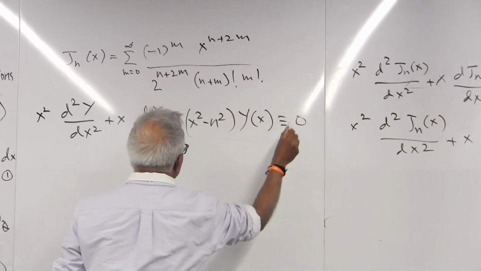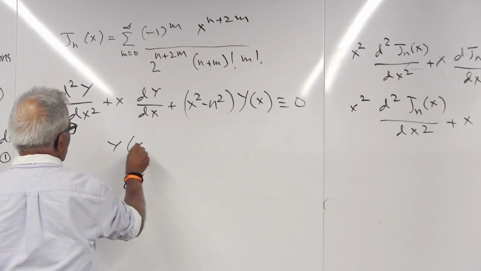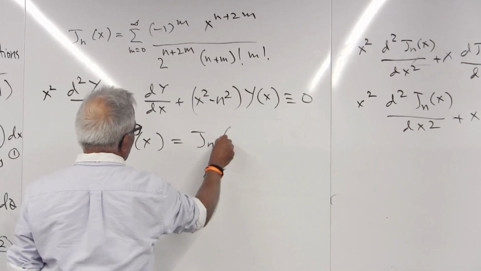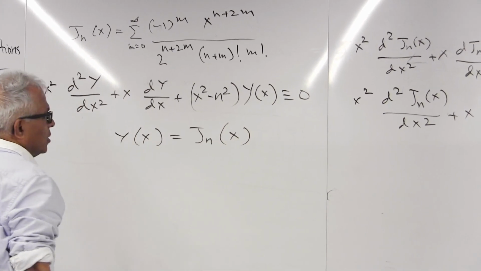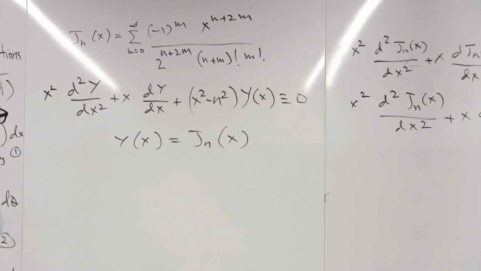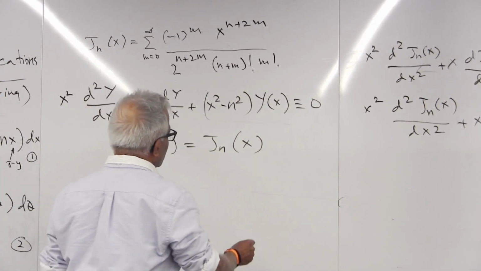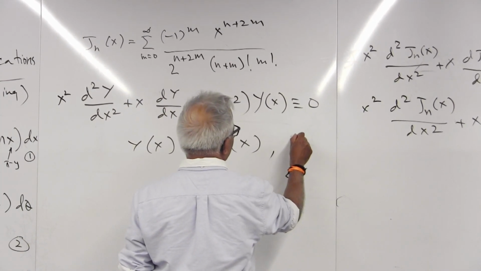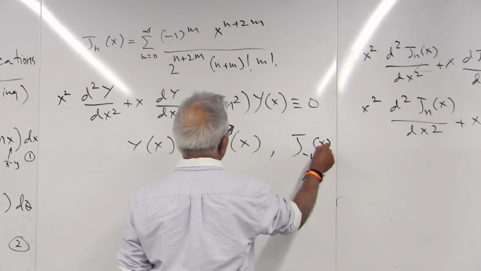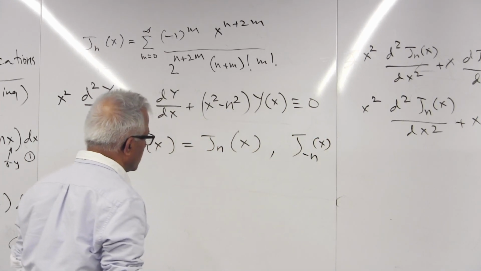Of course, this equals 0. Then y(x), one solution is J_n(x). Let's just worry about one; there are two independent solutions. Now it's also easy to see that J_{-n}(x) is also a solution, because this is n squared.